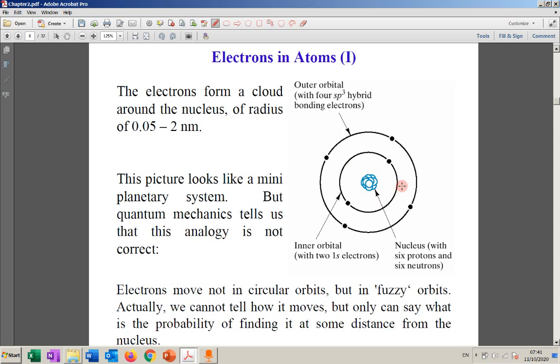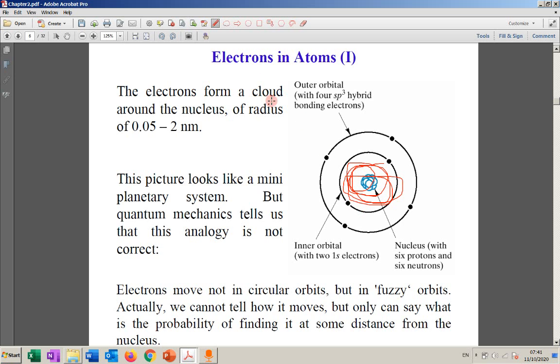The teacher was explaining it like this, but in reality, it's not like this. They are not just following a path. Even the exact location of an electron around the nucleus cannot be predicted. The electrons follow the nucleus, and they create a cloud.